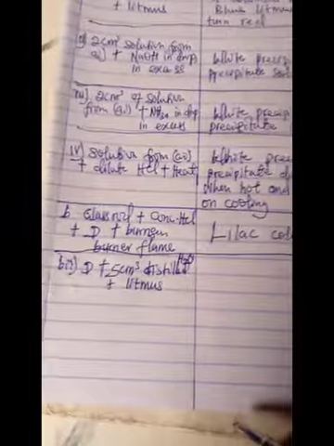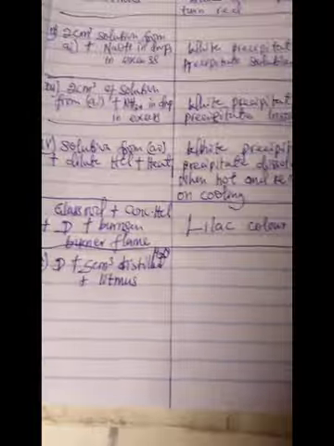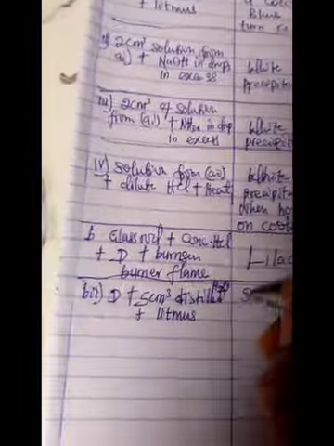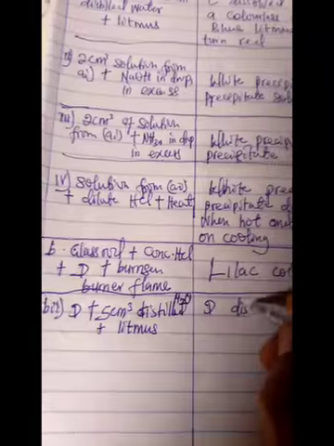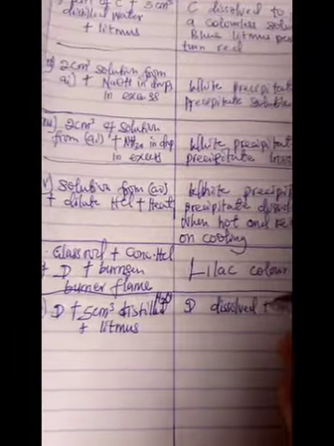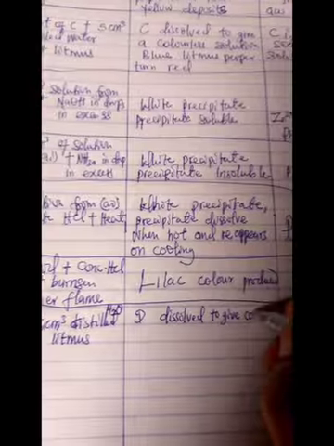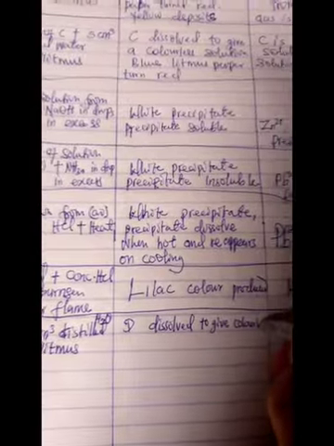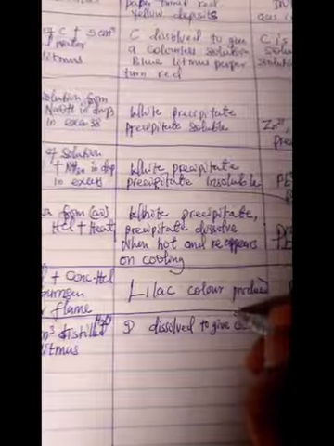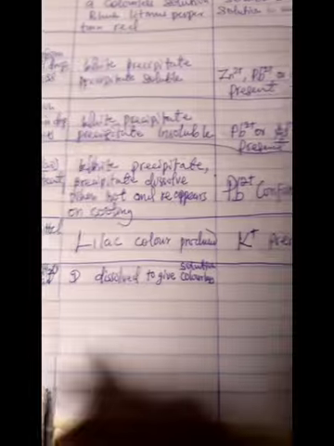When we do that, what are we going to have? We know that it was a very soluble salt. So D dissolved to give a colorless solution.